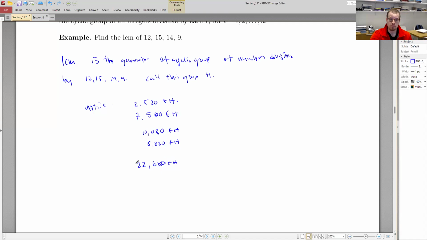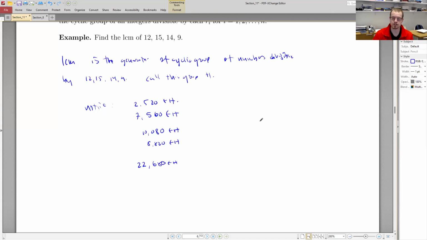So far, multiplying them all gives us the biggest number. That's a huge number compared to 2,520. If we're looking for what generates it, we're looking for a smallest number. We could also take the negatives of each of these, and these belong in the group H because those are divisible by that as well. But when we talk about the generator, we usually take a look at the positive versions.